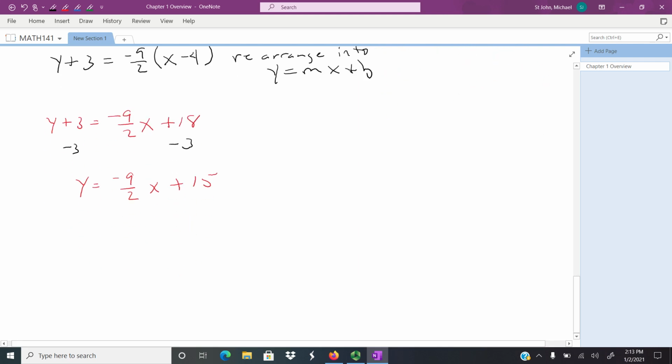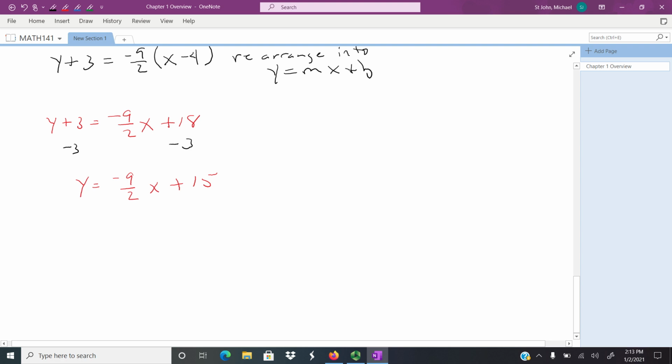Now, other things in terms of our line and our properties of our line is we can note whether or not there's any kind of symmetry in an equation. Right?